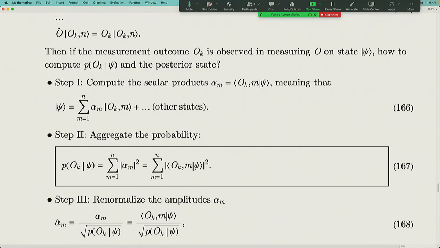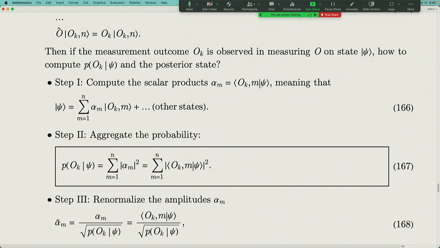So this M index labels the degeneracies within this eigen subspace, while K labels the eigenvalue. That means you can take the state and expand it as a linear combination of all these eigenvectors with the corresponding coefficients. The coefficient is simply given by the scalar product of the state with the corresponding eigenvector.